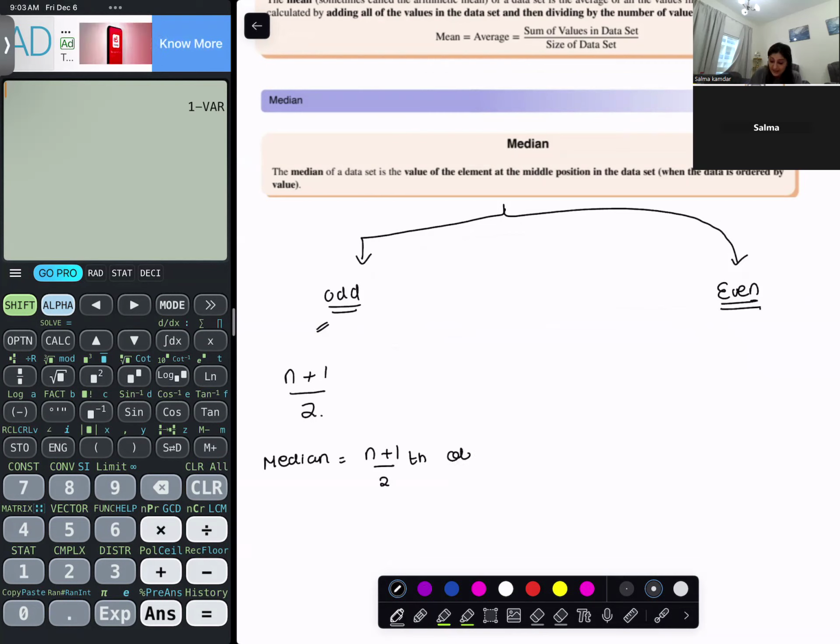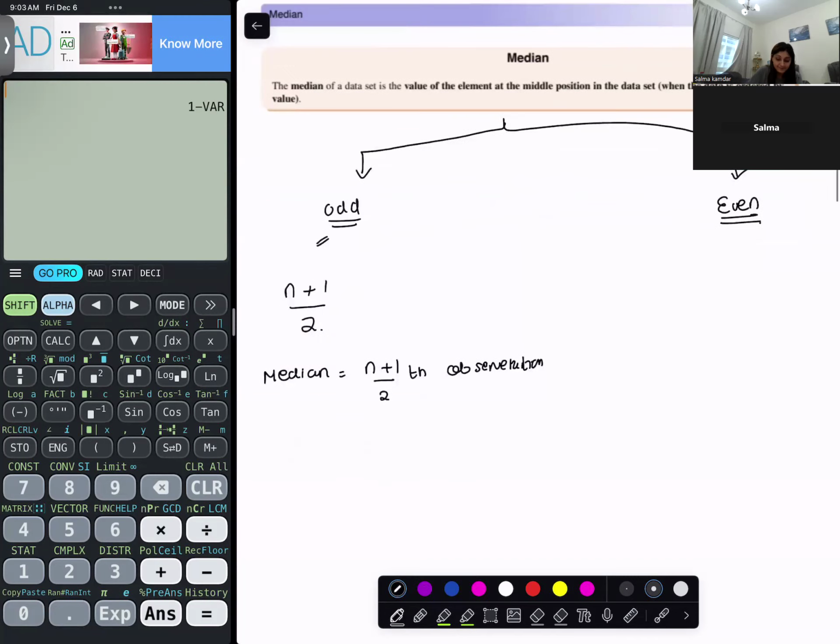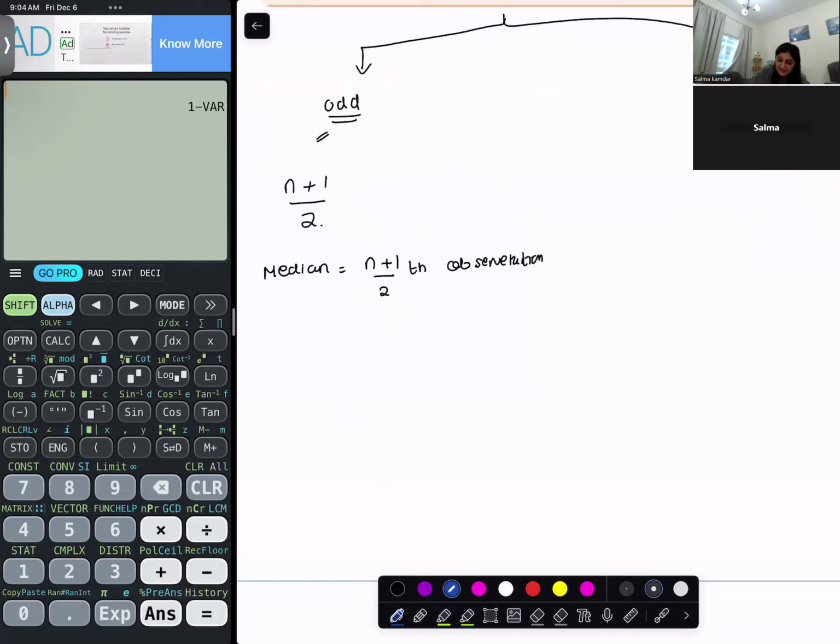So it would be the (n plus 1) by 2th observation. Let's take an example. Say the size of my data set, that is n, is 99. So I want to find the median of the data set containing 99 numbers.